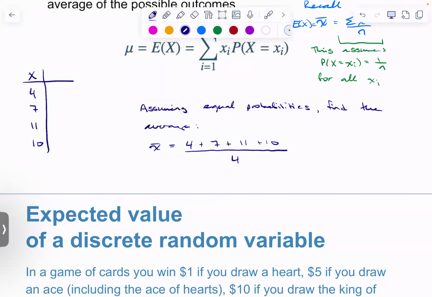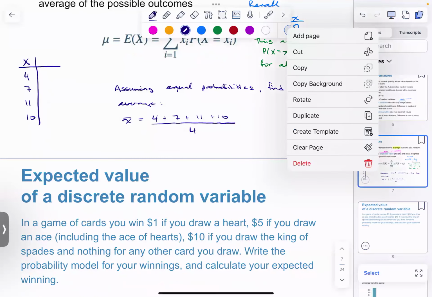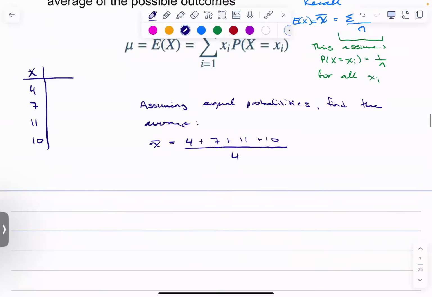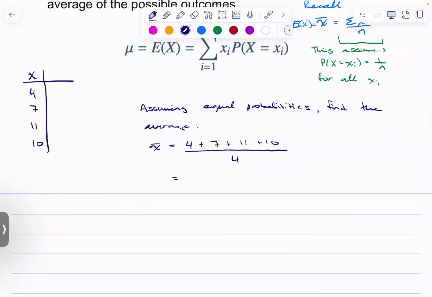Math says I can break up these fractions. So this is going to be the same as 4 times 1 over 4 plus 7 times 1 over 4 plus 11 times 1 over 4 plus 10 times 1 over 4.